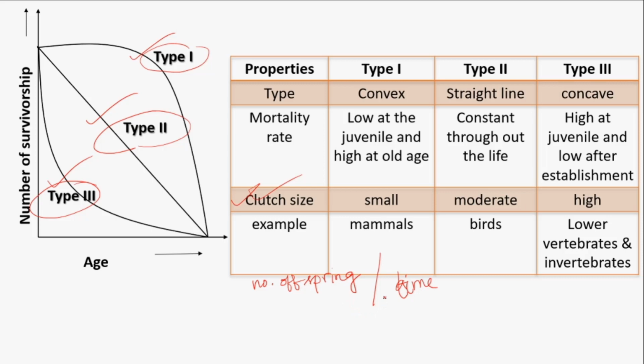If we suppose that humans produce one individual at a time, the birds show a moderate clutch size, but lower vertebrates as well as invertebrates show a high clutch size, because they produce a larger number of offspring at a time.